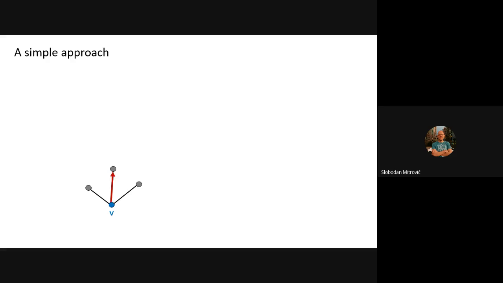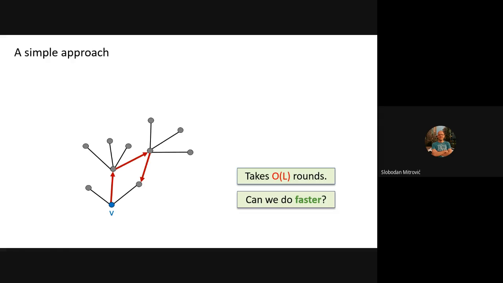What you can do is select a random neighbor of v, then from this neighbor you select another random neighbor, you select one more random neighbor, and so on. That's an extremely simple approach, but the point is that this takes L many rounds, where L is the length of the walk that we want to construct. But ideally, we want to get something faster.